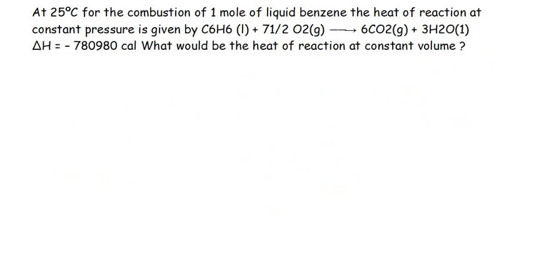at 25 degrees, for the conversion of 1 mole of liquid benzene, the heat of reaction at constant pressure is given. So this is just the conversion of benzene, giving us carbon dioxide and H2O. What will be the heat of reaction at constant volume? What we need to know is that enthalpy relates to the heat.